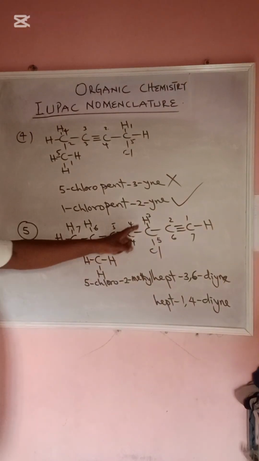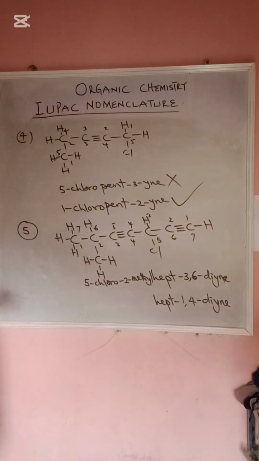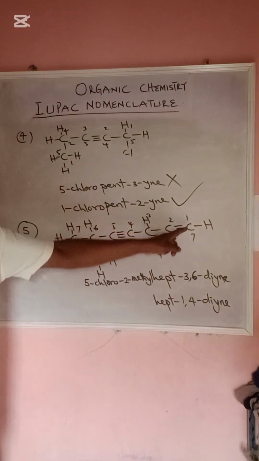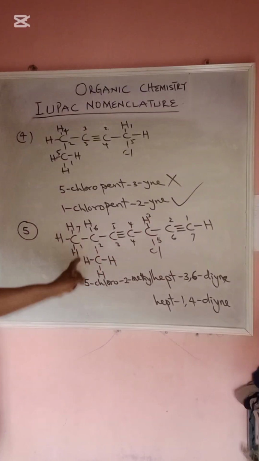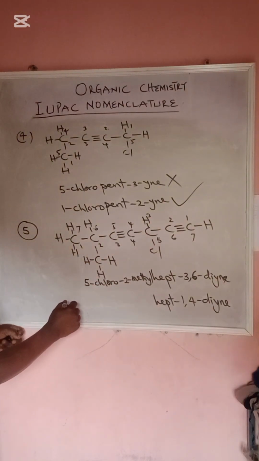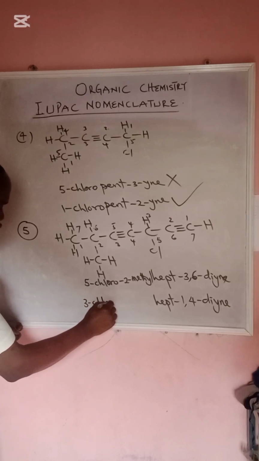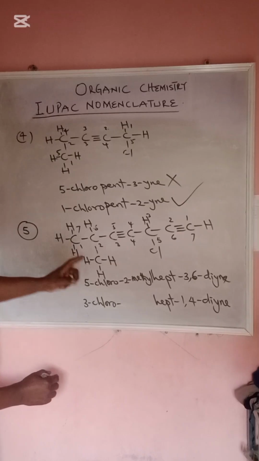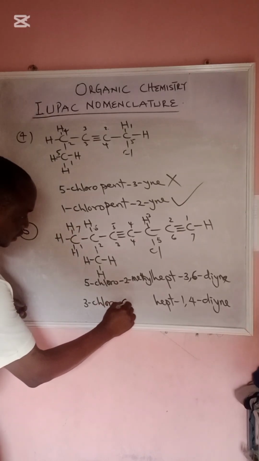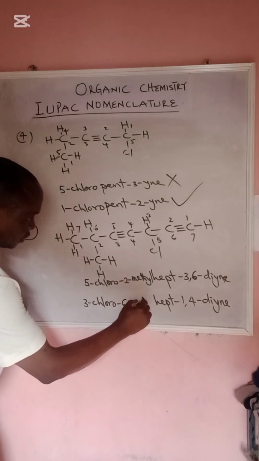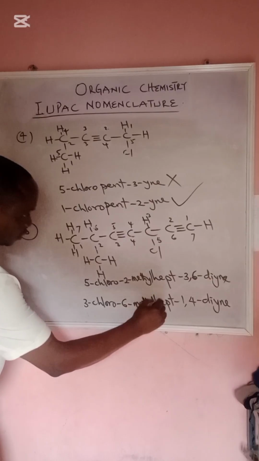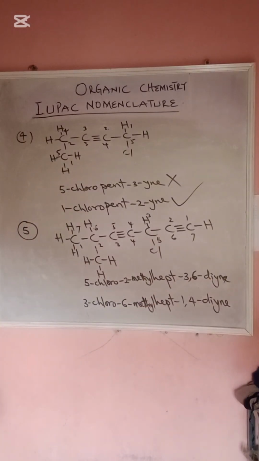So chlorine is on carbon 3, while methyl is on carbon 6. So it will be 3-chloro, 6-methyl.